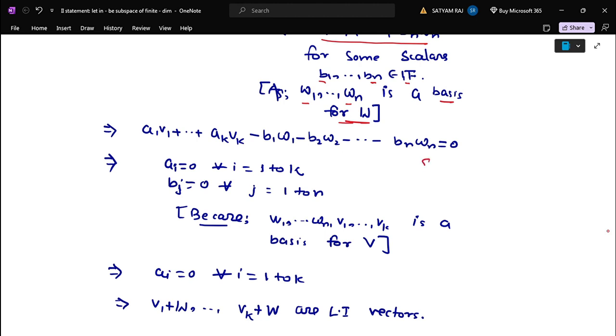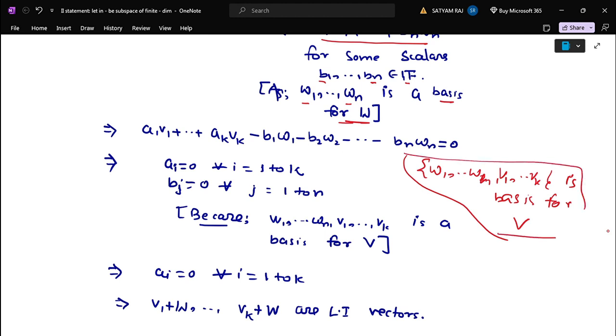Now what we know is that w1, ..., wn, v1, ..., vk is a basis for V. We have extended w1 to wn to the basis v1 to vk for V. Since this is a basis and it equals the zero vector, all the coefficients will be 0, because basis vectors are linearly independent. So ai is equal to 0 for all i varying from 1 to k, and bj equal to 0 for all j varying from 1 to n.